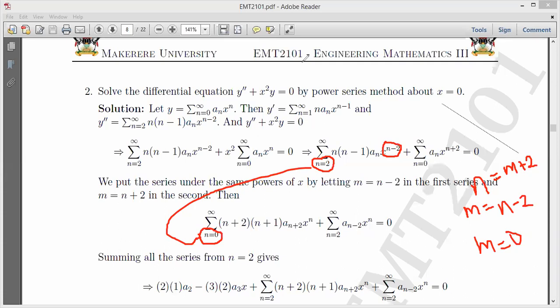So what does that mean? That means that this n here, that n there, is going to become m plus 2. But remember, after taking m, I will again take it back to n.